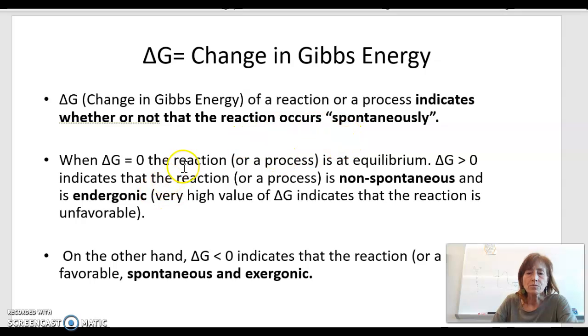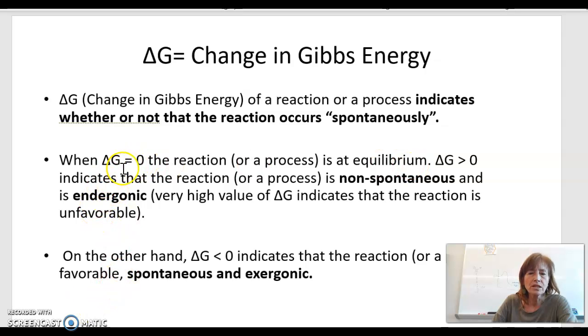This says it a little bit more clearly. So if we see that the number associated with this delta G, the available energy, is lower than zero, that means, oh, sorry, I'm not reading this correctly.